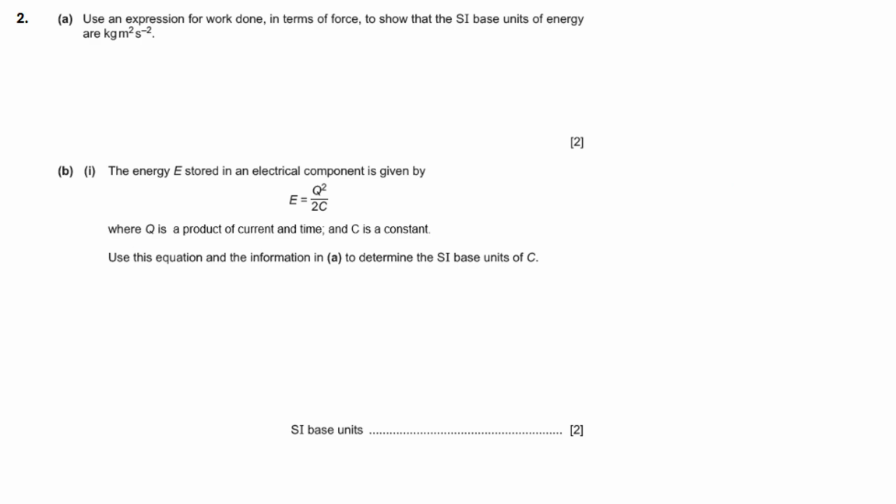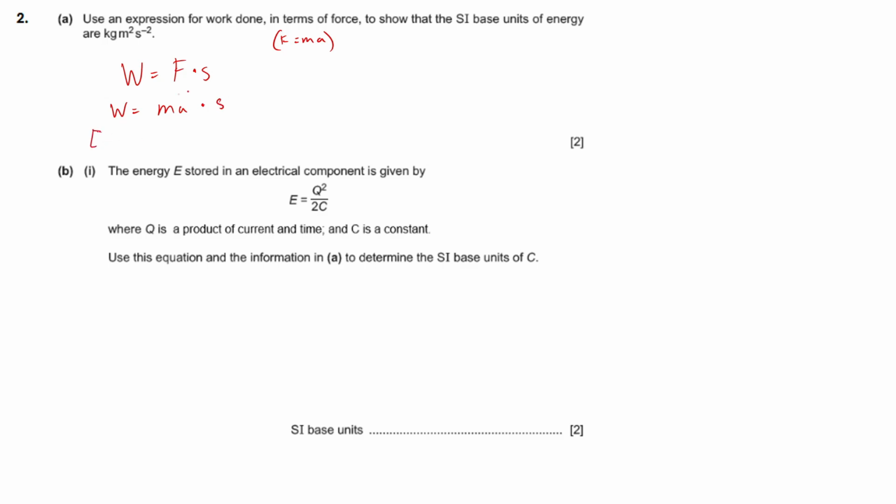Number 2. Use an expression for work done in terms of force to show that SI base units of energy are kg m^2 s^-2. Recall that work is equal to force times distance. That means work is equal to ma, because F is equal to ma, Newton's second law, multiplied by s.